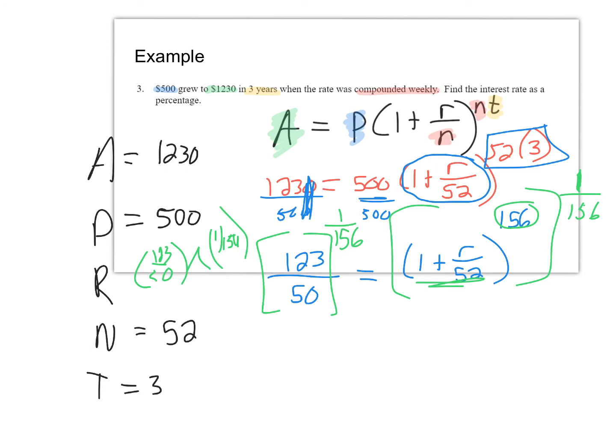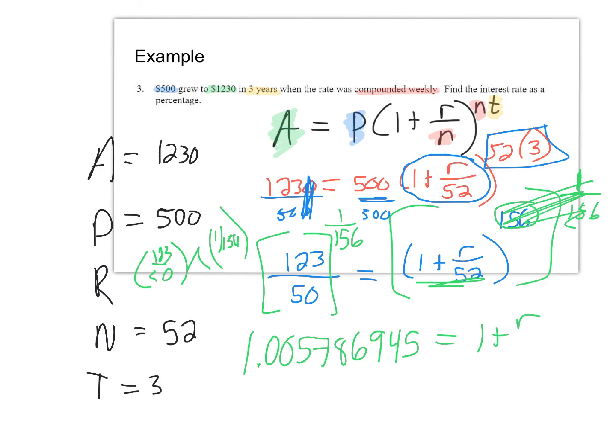When I do that, we're going to get this ugly decimal of 1.005786945, which is equal to, now these canceled, leaving 1 plus R over 52.